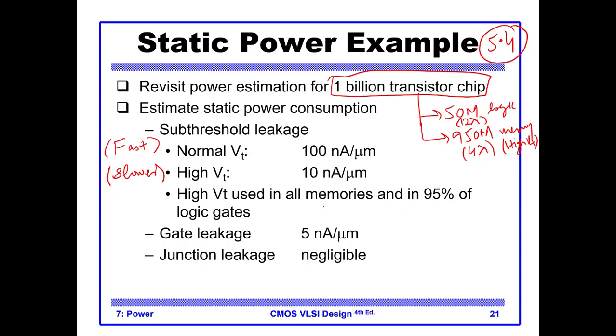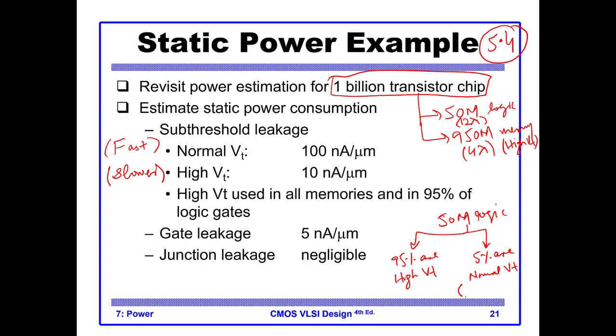but also 95% of logic gates. So if I take the logic, 50 million logic gates, 95% are high VT and 5% are normal VT.